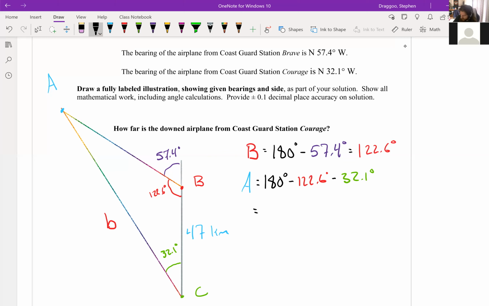If we put all that together, what's left over? I'm just going to take this to a calculator before I mess it up. 180 minus 122.6 minus 32.1, 25.3 degrees.